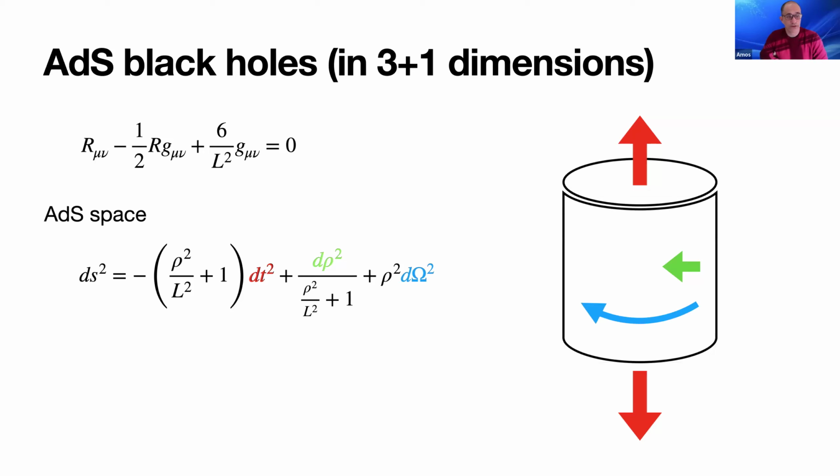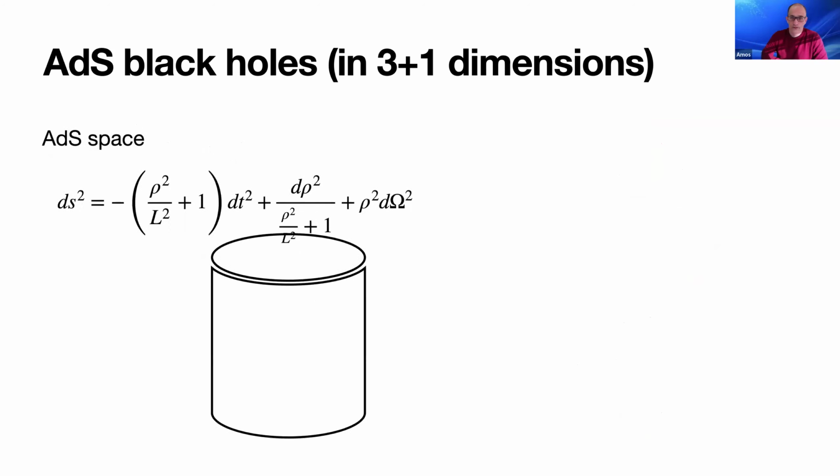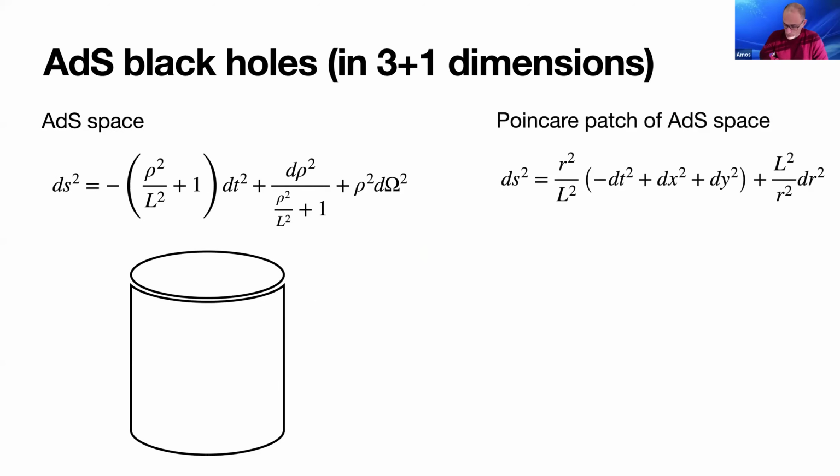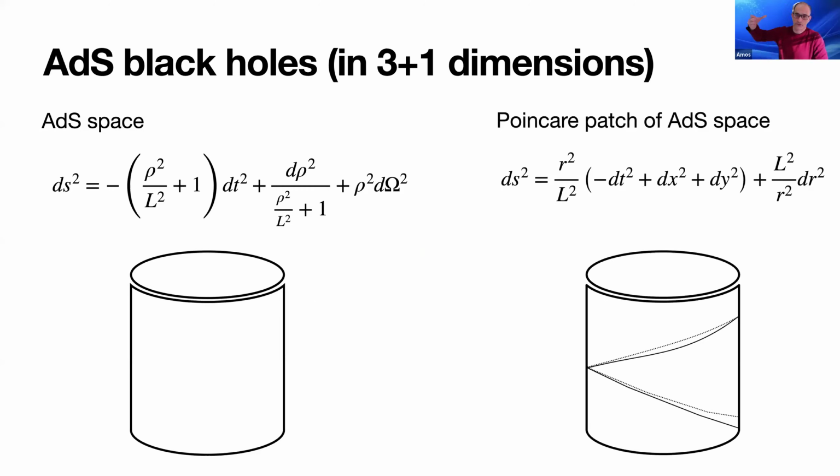There's another coordinate system for AdS space, which is called the Poincare patch. What you see on the right is the Poincare patch of AdS space. It still describes anti-de Sitter space, but it doesn't cover all of the space-time. In this cylinder diagram of AdS space, the Poincare patch covers only a patch, whatever is inside this diamond region.